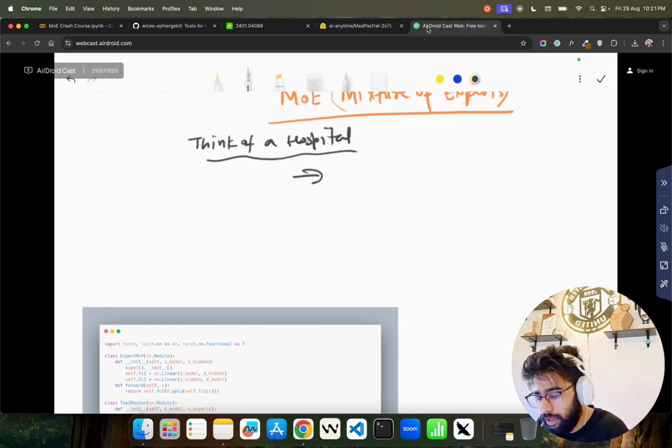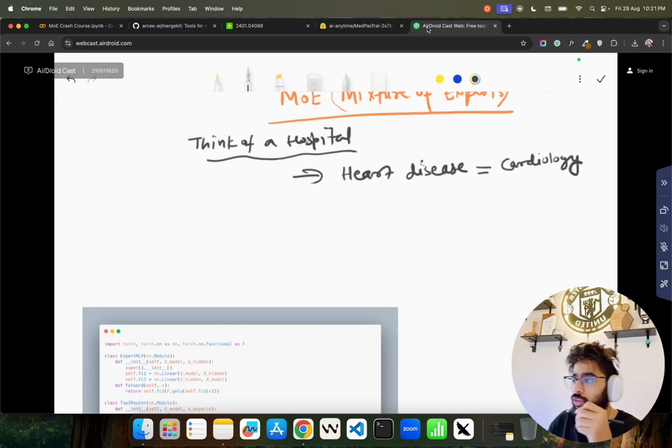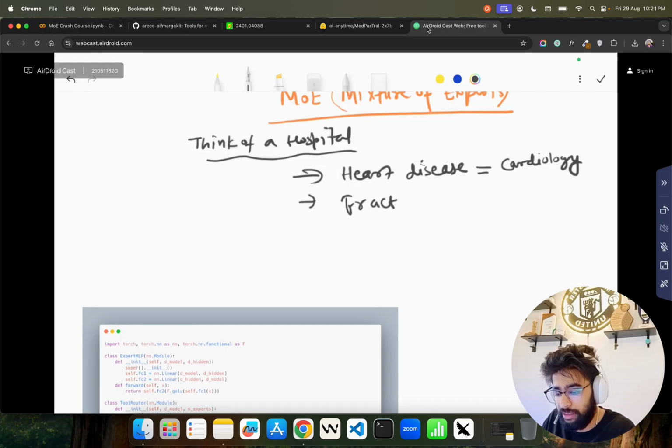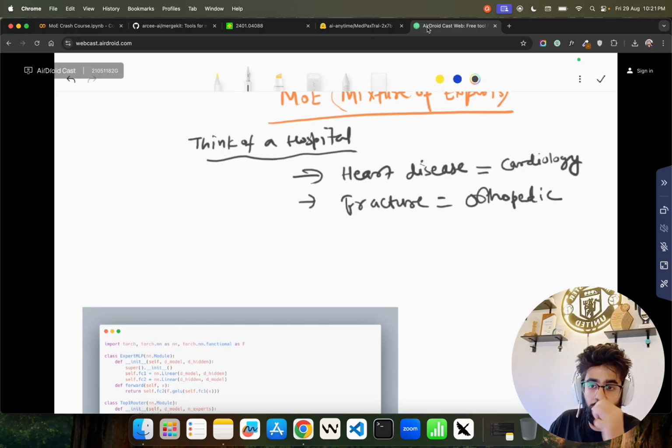For heart disease, if somebody has any issues with their heart, they will visit the cardiologist section, right? That's called cardiology. And if somebody has a fracture, or a bone-related problem, they will visit an orthopedician. So I'm writing here orthopedic. They will visit the orthopedic surgeon.